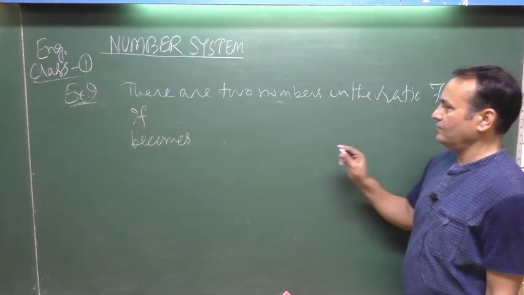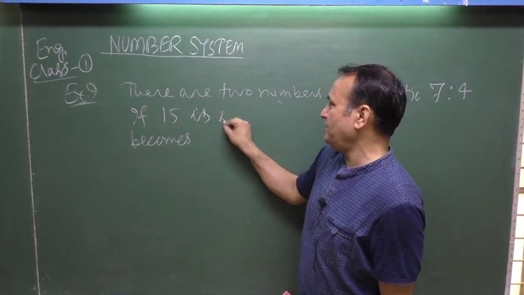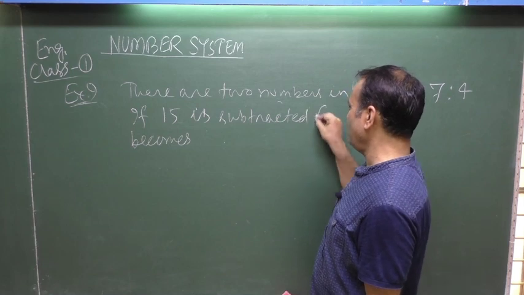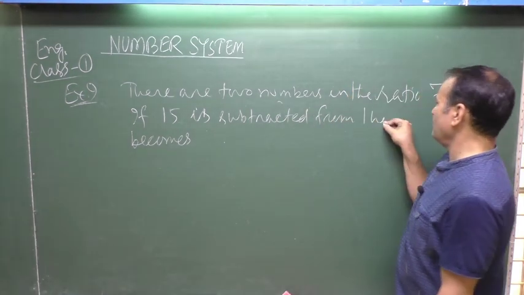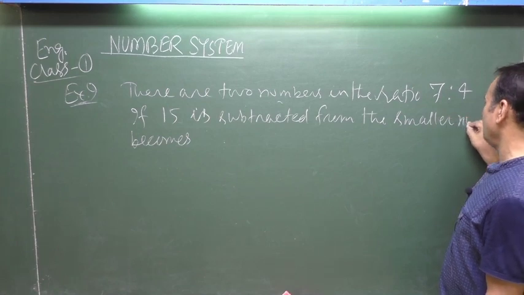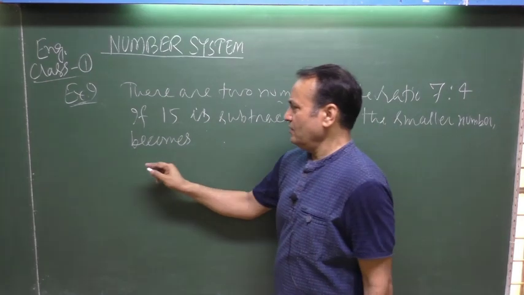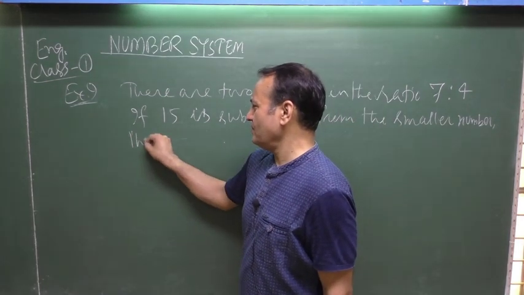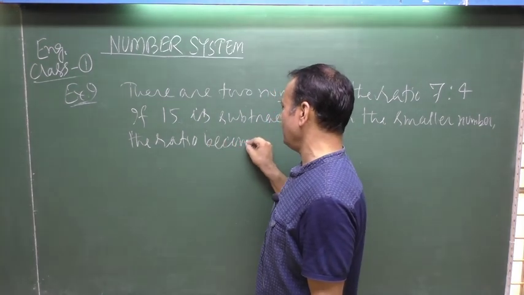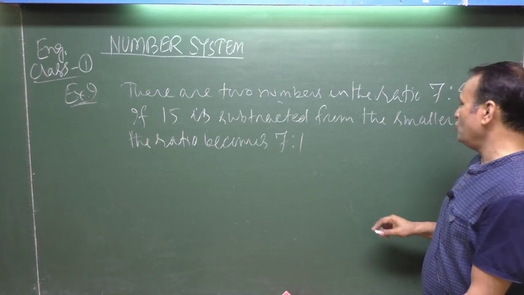If 15 is subtracted from the smaller number, the ratio becomes 7:1.